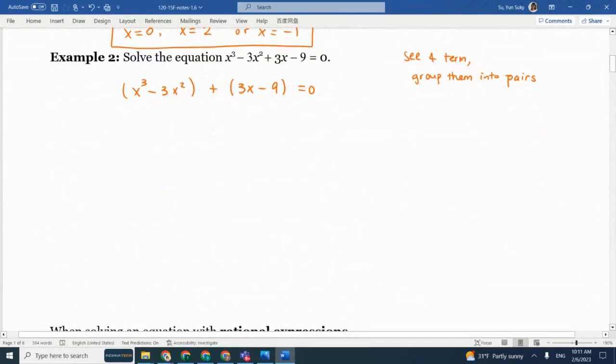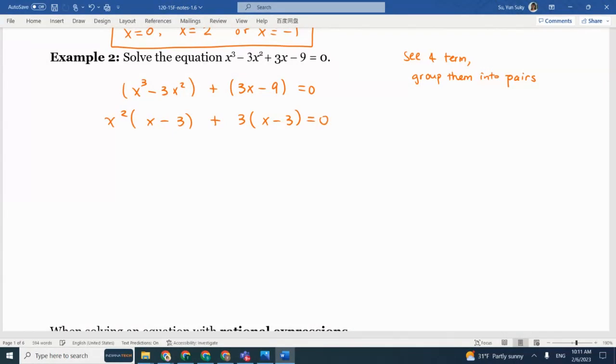What is the common factor of the first two terms? X squared. Yes, we factor out x squared. What's left? What's the common factor of the last two terms? Yes. What's left?